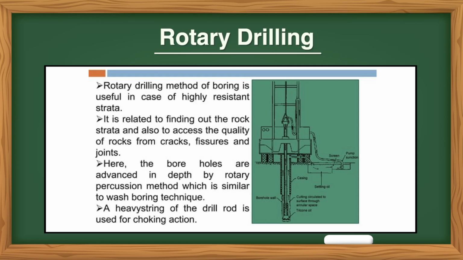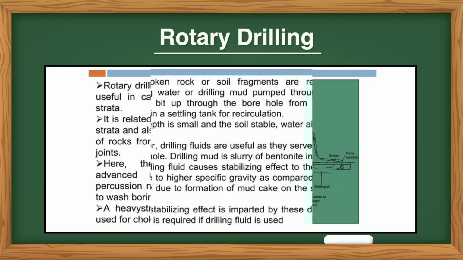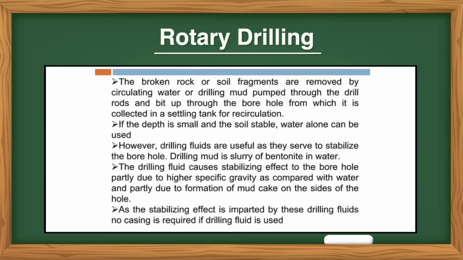A heavy string of drill rod is used for chopping action. The broken rock or soil fragments are removed by circulating water or drilling mud pumped through the drill rods and bit, up through the borehole, from which it is collected. It is settled in tanks for recirculation.